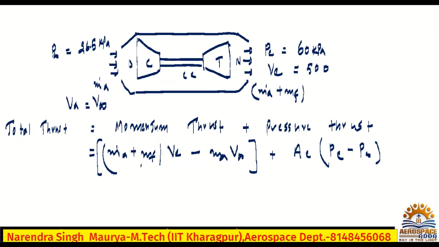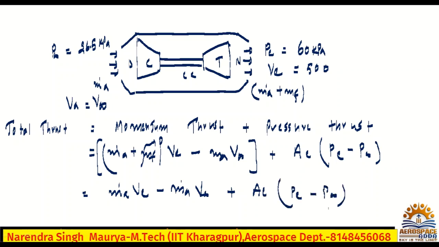I told you they have not given m dot f, so you can neglect this. So what you will get is m dot a VE minus m dot a into V infinity plus AE into PE minus P infinity. All right, this is the total thrust.